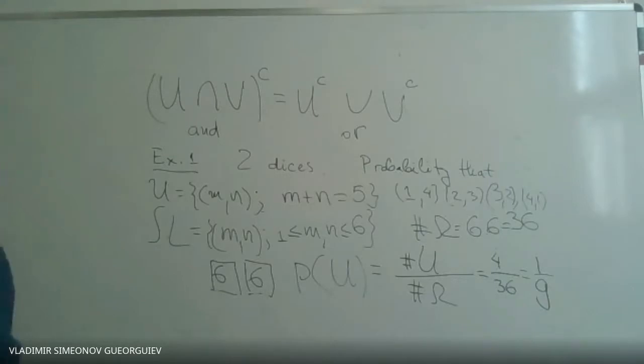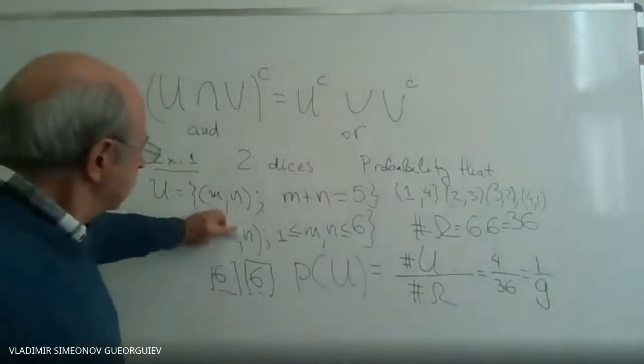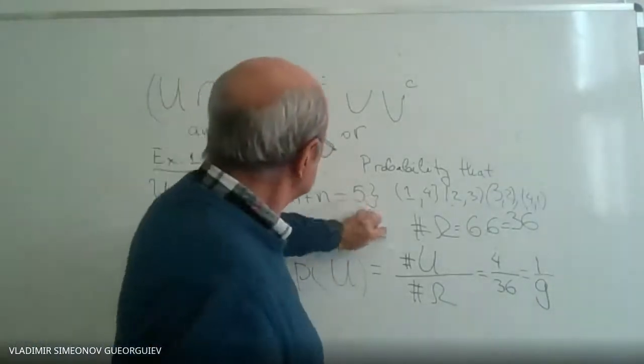Okay, so in our next appointment tomorrow, again I want to say only by internet, we shall consider the following question. Again, we have 2 dice. But we have to add a condition.